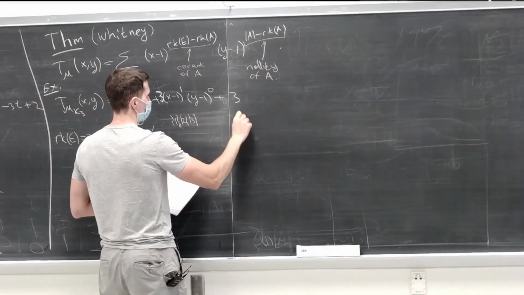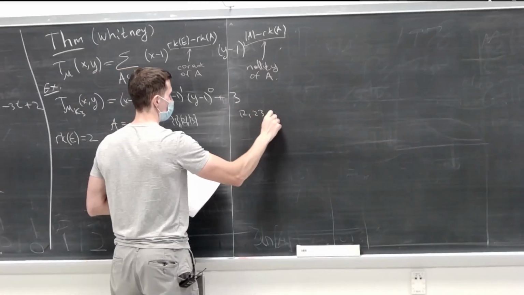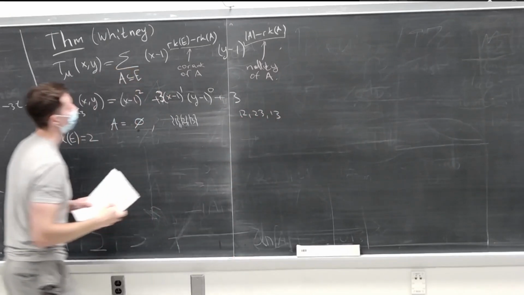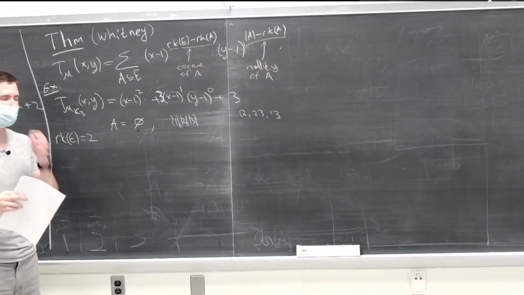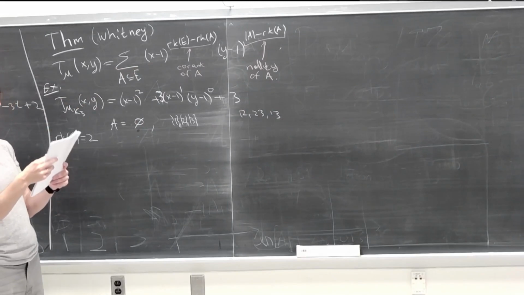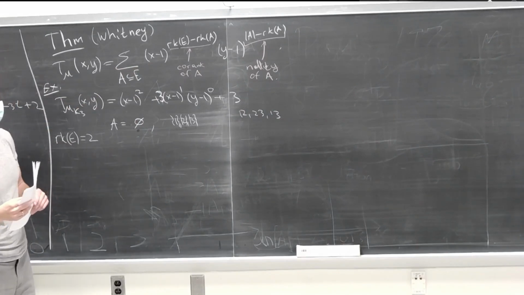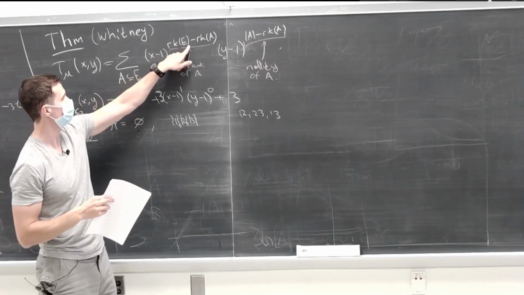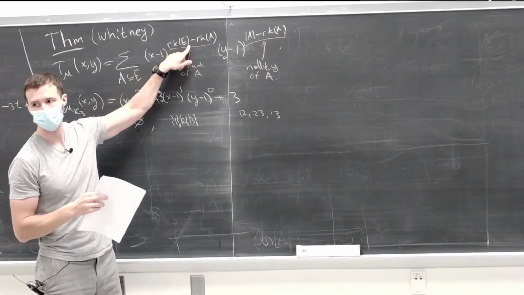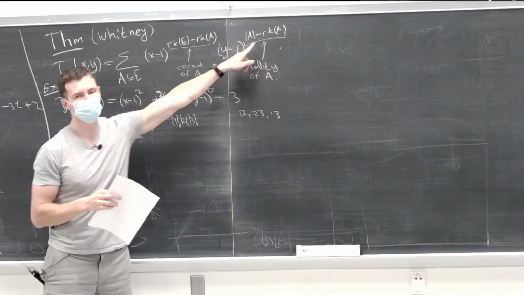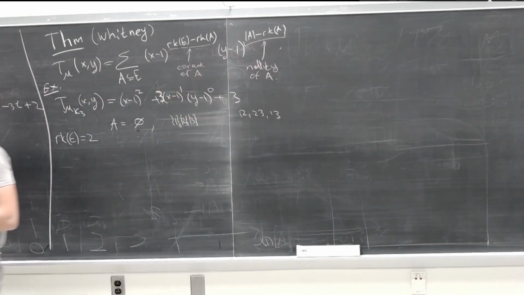And then I can also have {1,2}, {2,3}, and {1,3}. And what are going to be the exponents? 0 here, and also 0 here.